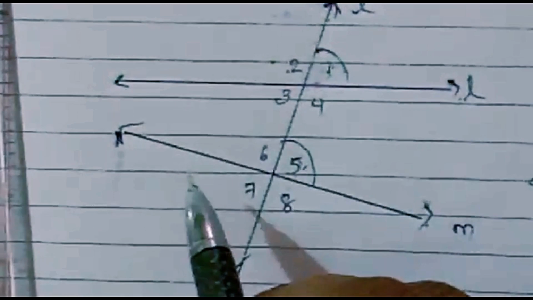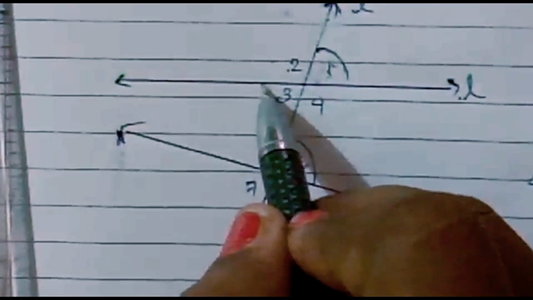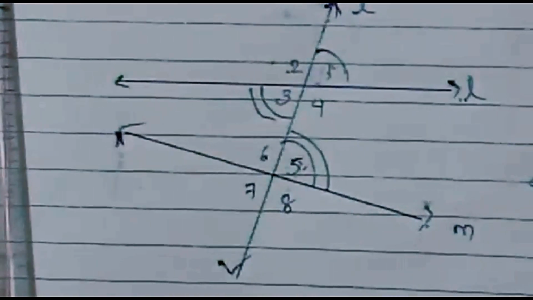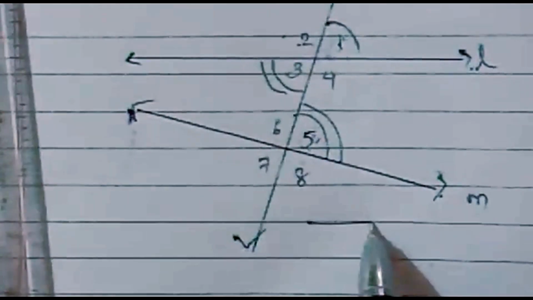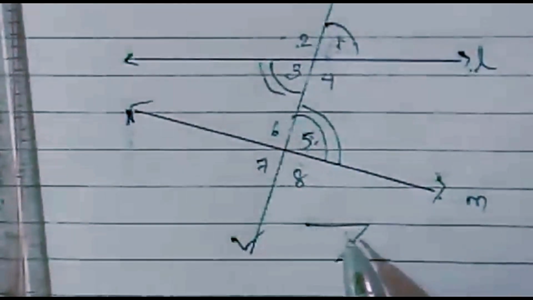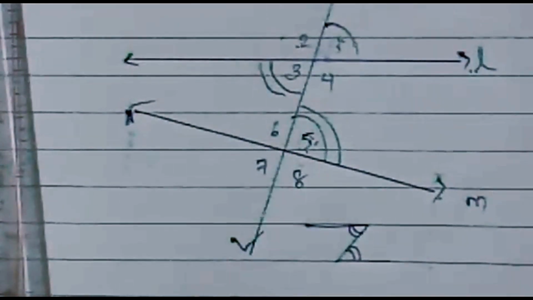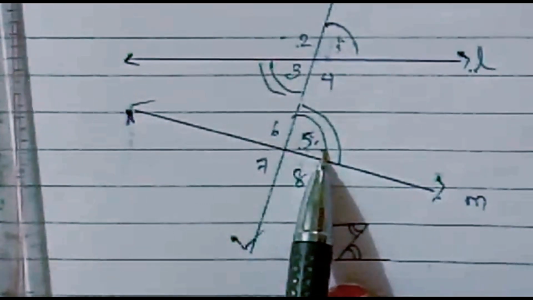Second, we shall learn about alternate interior angles. Angle 3 and angle 5 are alternate interior angles. They form this kind of Z shape, right? One is on the left side and one is on the right side. Such angles are called alternate interior angles.